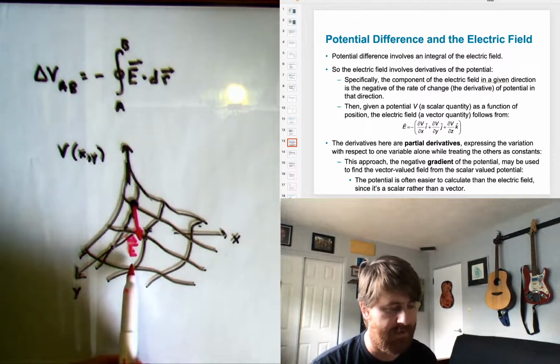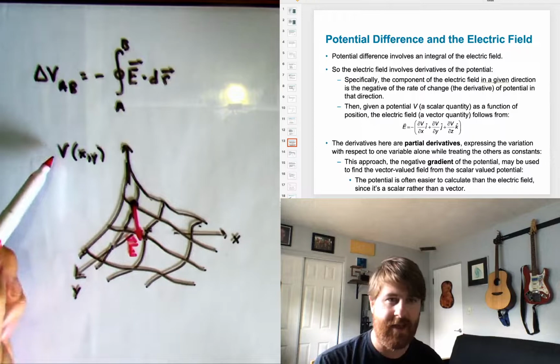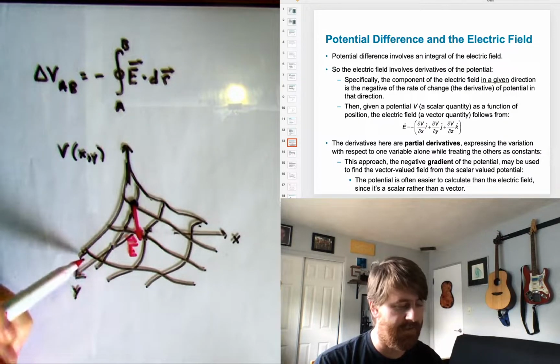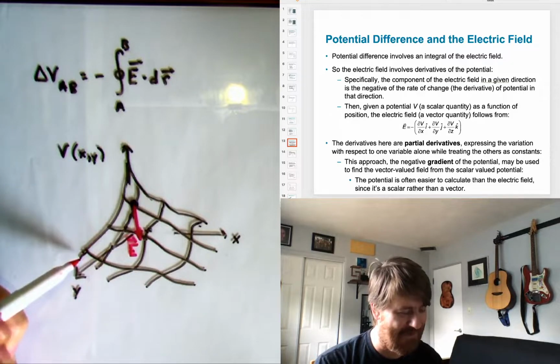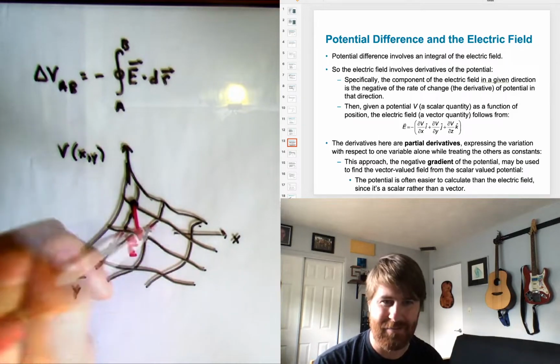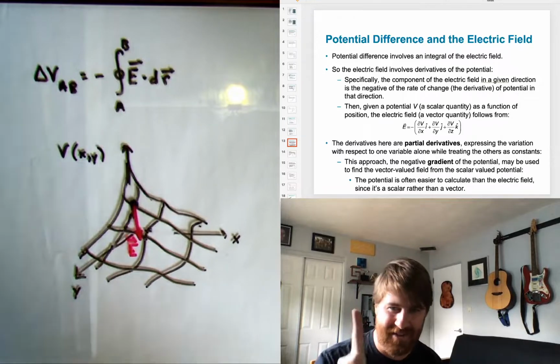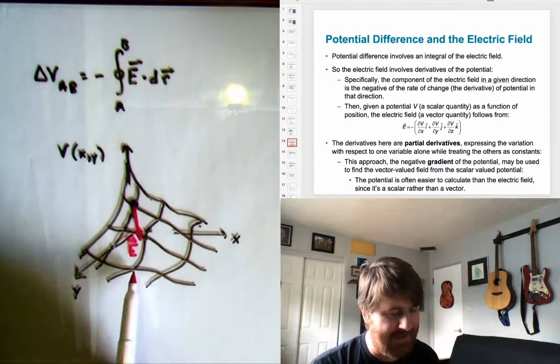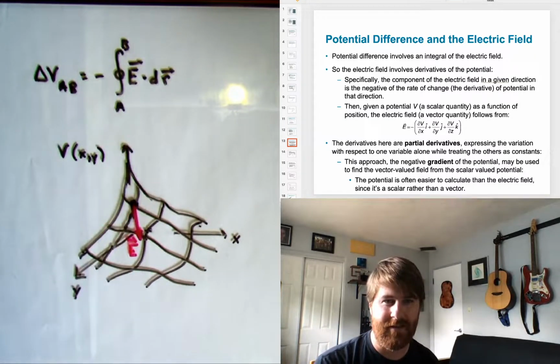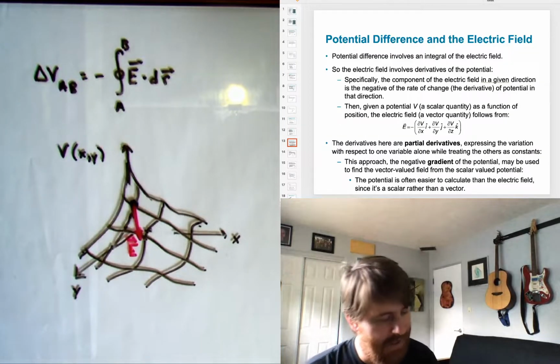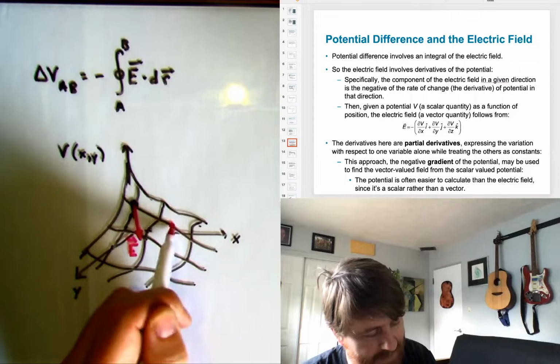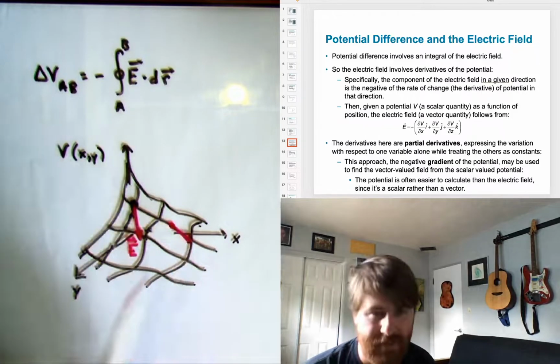This is a vector, and this is a scalar. It's a scalar value at every point in space, but just a single value. E is a vector at every point in space. It's the arrow, which is the steepest way down the mountain at whatever point in space that is. So E over here might point this way.